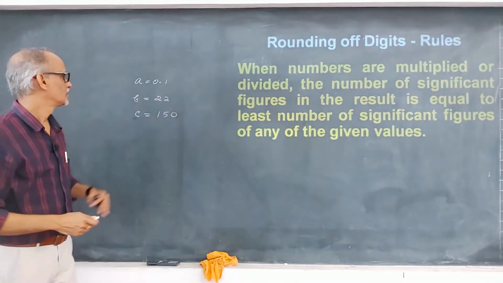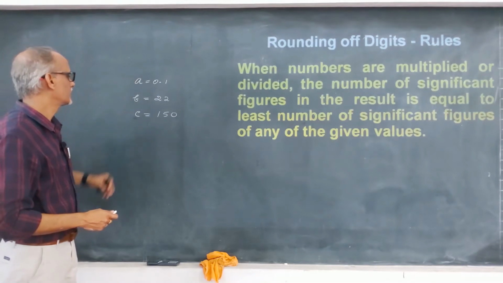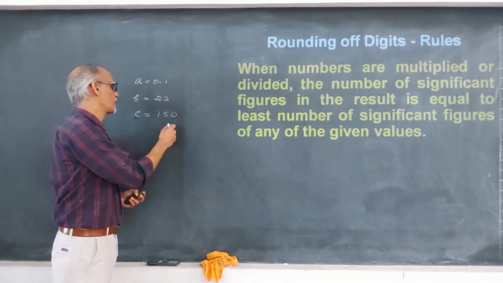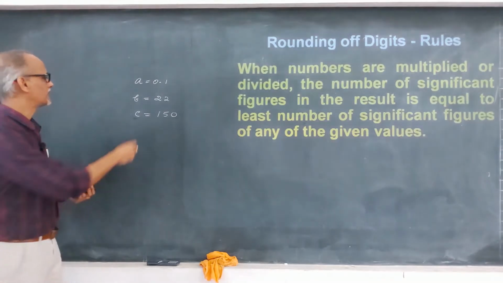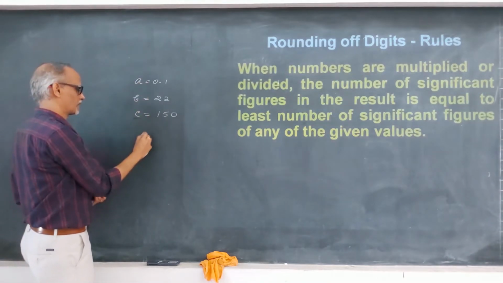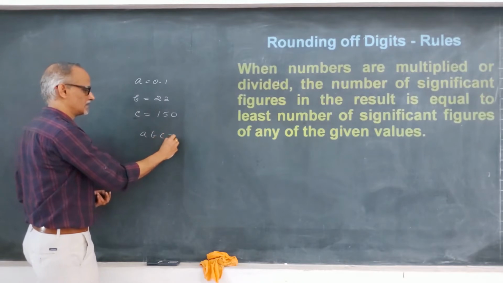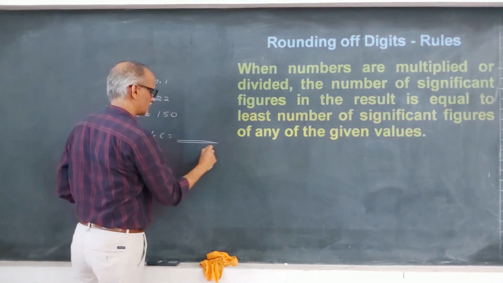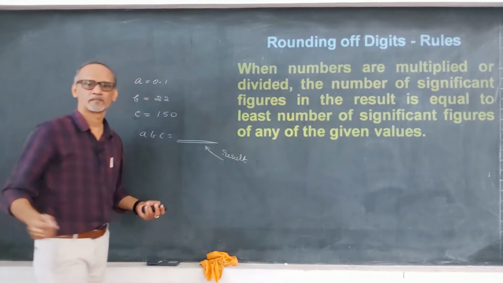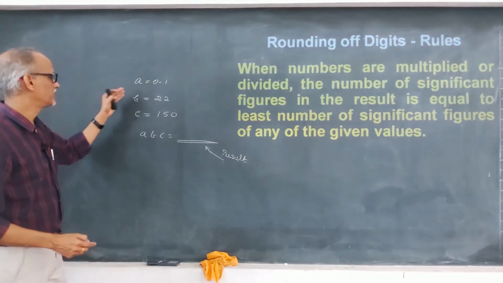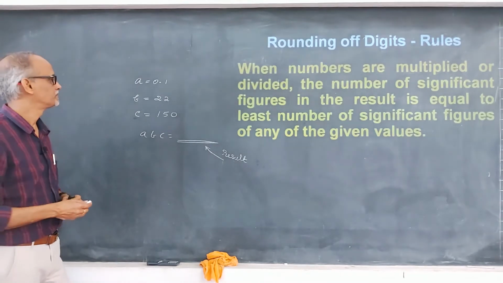So I have given 3 numbers here. Now when I multiply A, B and C, I will get one answer, right? This is the result. After multiplying A, B and C, I will get some result.